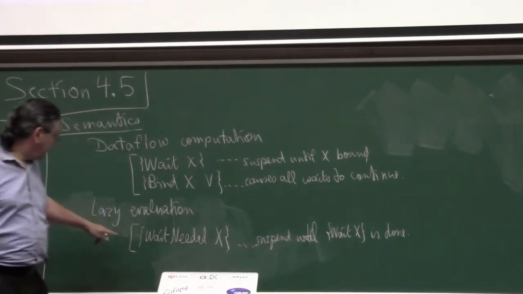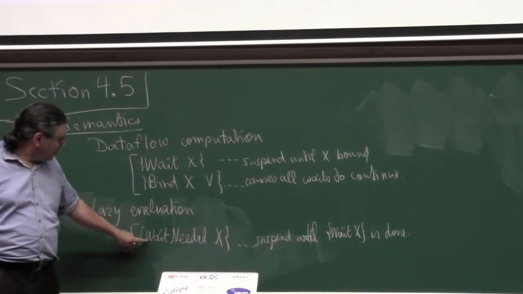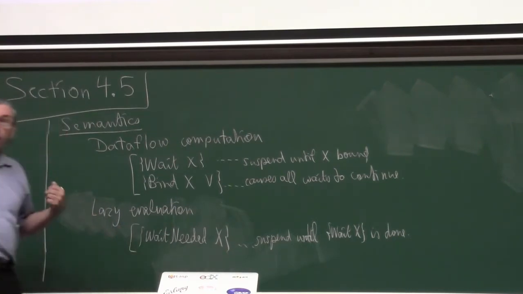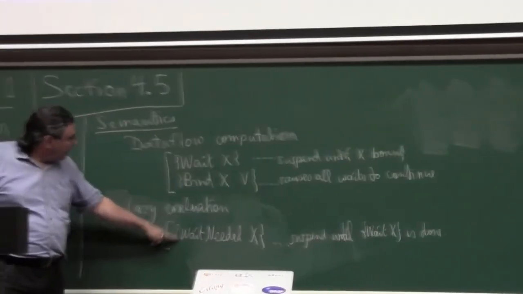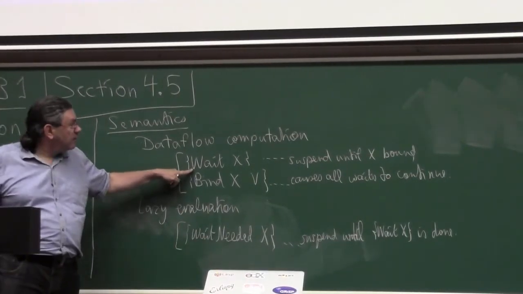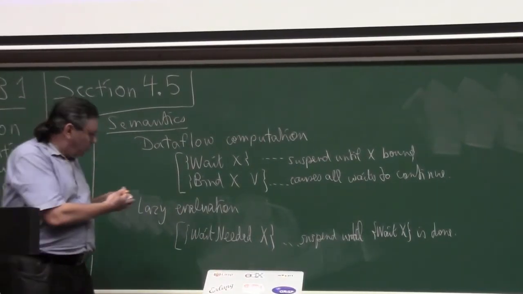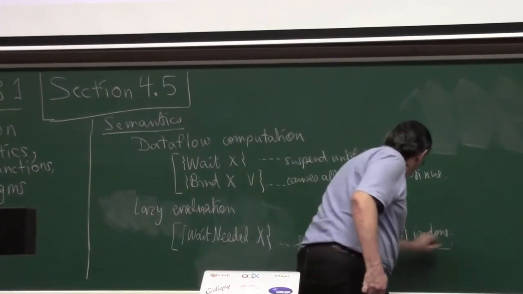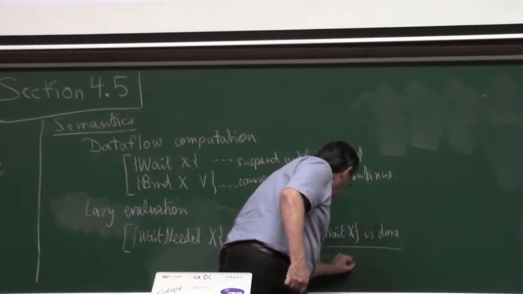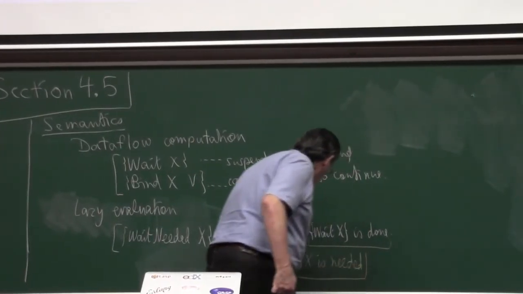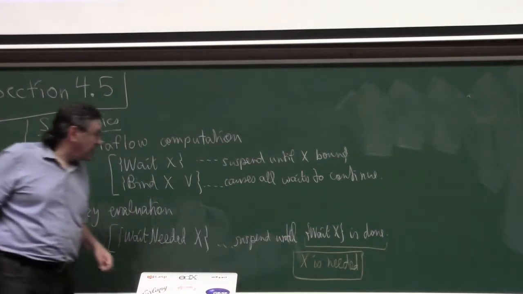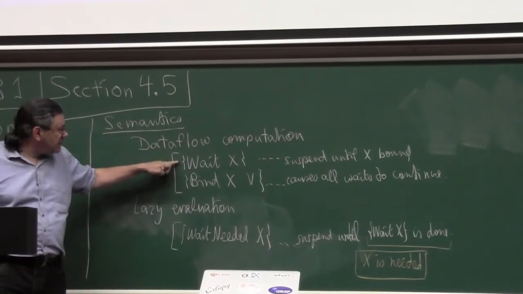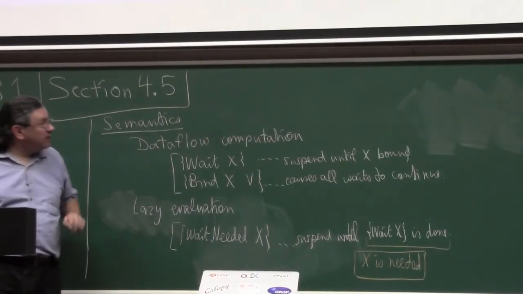That means that when I do a wait needed for a computation, it will only continue if some other thread does wait. So basically, the wait, this is what we mean by needing. So this is what x is needed means. So we say that x is needed by the computation if a thread does wait x. In that case, x is needed, and this one will continue.